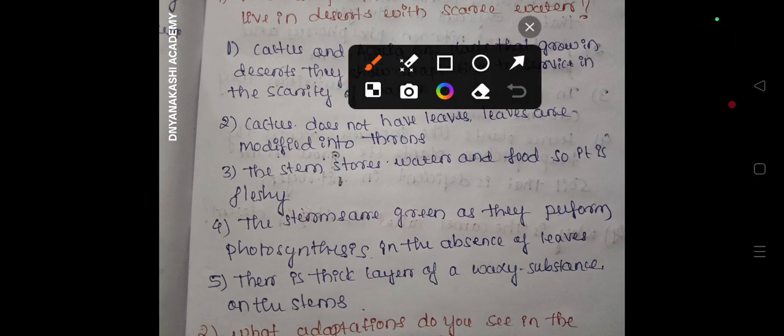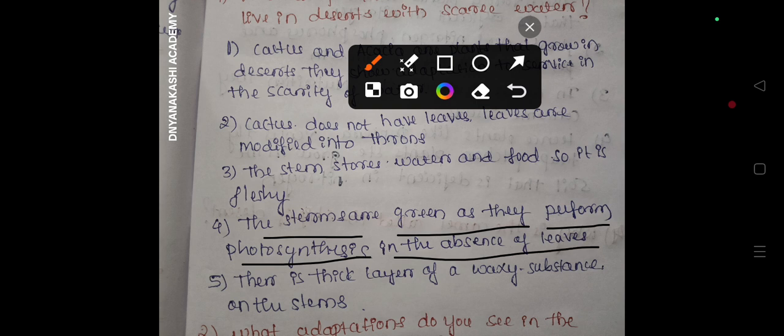The stems are green as they perform photosynthesis in the absence of leaves. All desert plants have a green stem. Desert region plants don't have leaves. In the absence of leaves, how do they do photosynthesis?